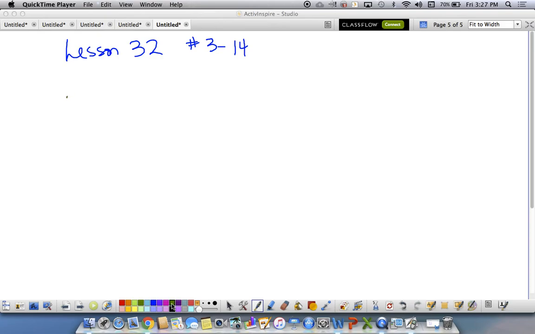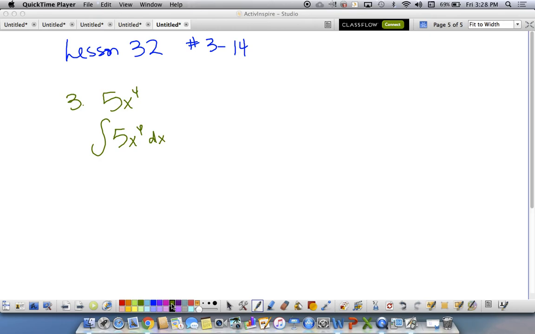Okay, let's look at number 3 together. Find an antiderivative of each expression in 3 and 4 with respect to the variable in the problem. It's kind of like you're just guessing what function would give me a derivative of 5x to the 4th. Another way to word this problem would be the integral of 5x to the 4th dx, but this one just wants you to find any one.